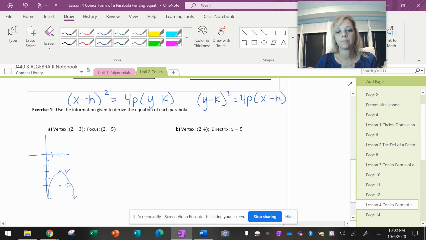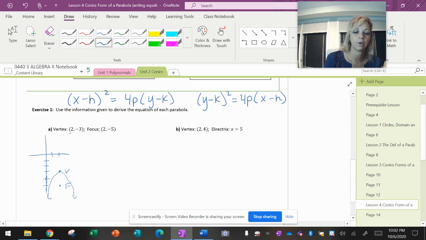If it's an x minus h squared, it opens up or down. It opens up if the 4p is positive, and down if the 4p is negative. For the y minus k squared, if the 4p is positive, it opens to the right; if it's negative, it opens to the left. So this one is definitely this formula, where the 4p is negative.